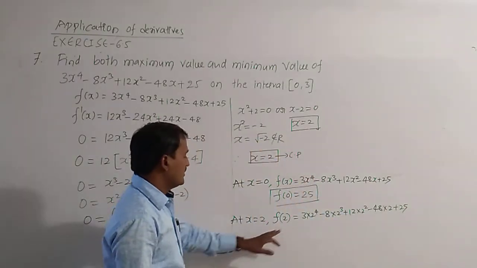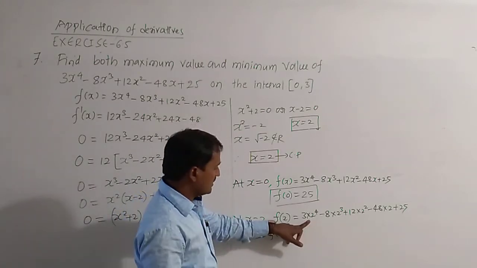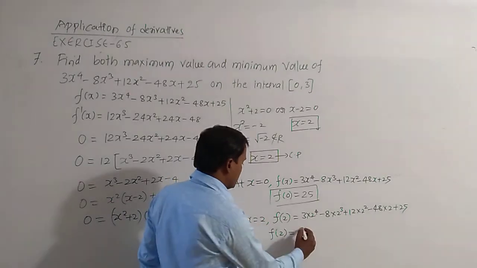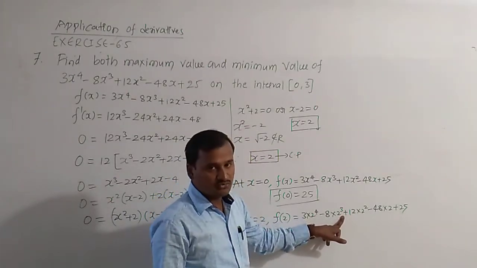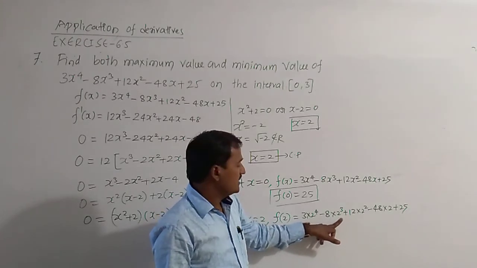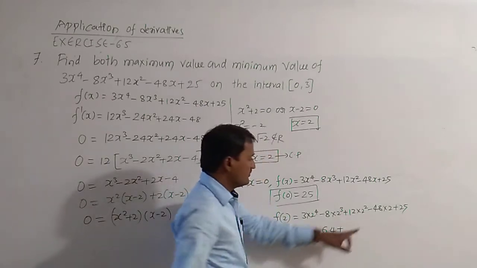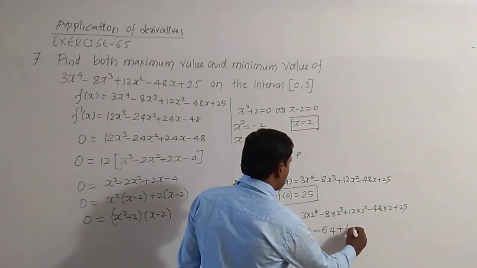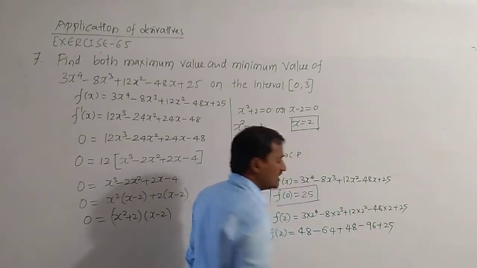Now I will simplify this. 2 raised to 4 means 16, 16 into 3 is 48, minus 8 into 8 is 64, plus 4 into 12 is 48, minus 96 plus 25.